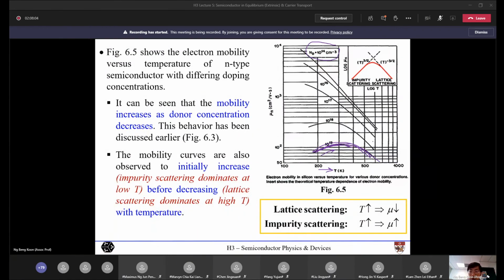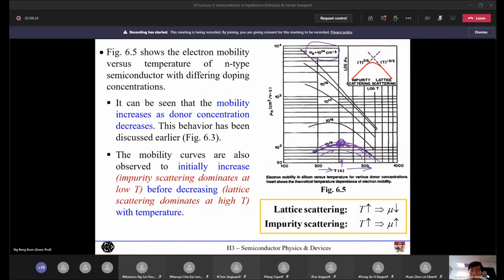Once you pass a certain temperature, around about here, if you keep increasing, the vibration of the host atoms is so large that it dominates the scattering effect, and your mobility starts to decrease after that. That gives you a maximum point for the mobility.